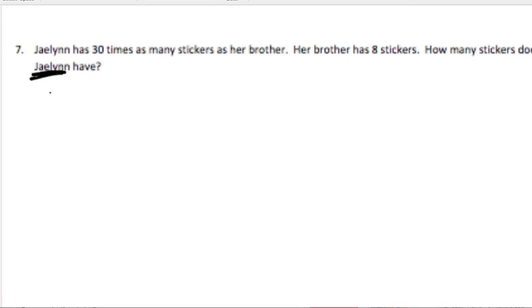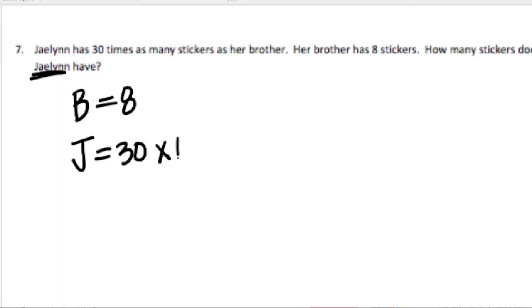Let's call Jalen J. They tell us that his brother has 8 stickers. So see, I have his brother equaling 8 because he has 8. They tell us Jalen has 30 times as many as his brother.